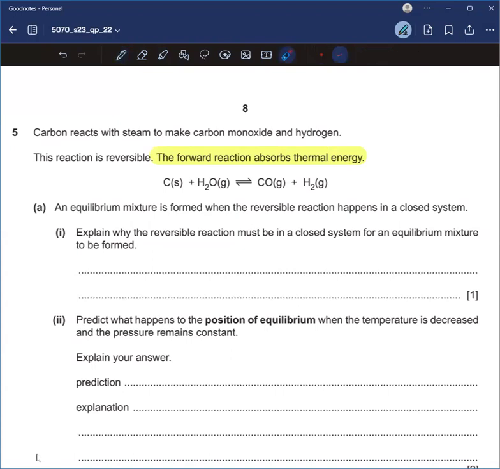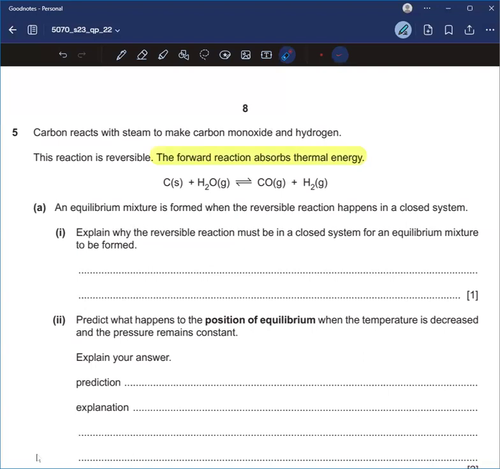For this, we can refer to the equation. As we can see, one of the reactants, H2O steam, is in gaseous state, and both of our products, carbon monoxide and H2 hydrogen, are also in gaseous state. So to prevent the reactants or the products from escaping the equilibrium mixture, we need a closed system.